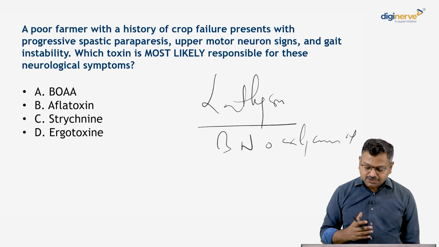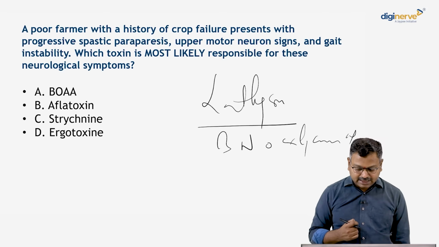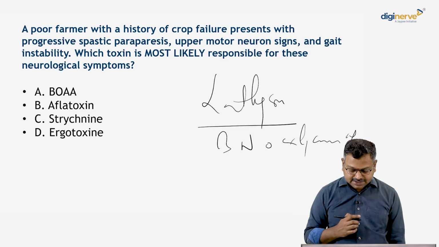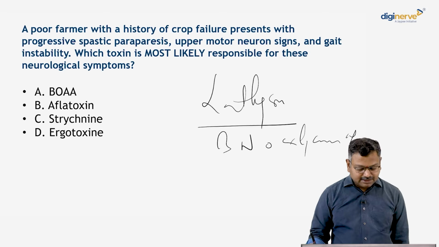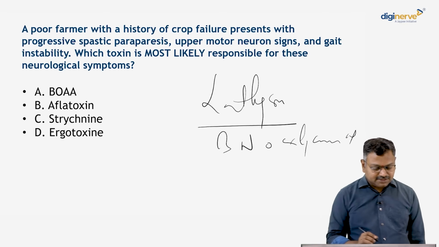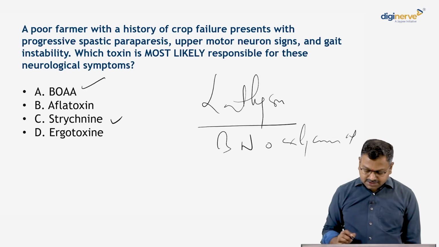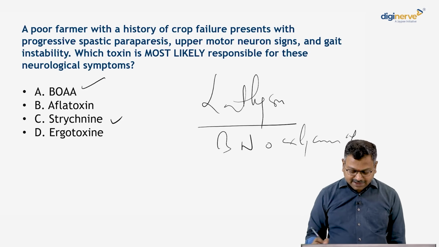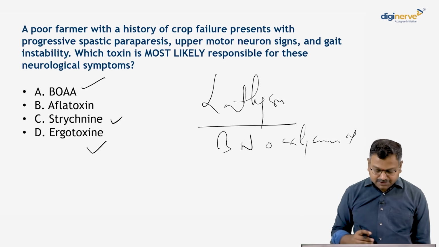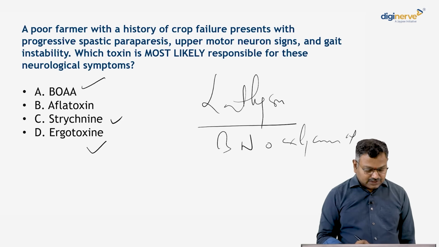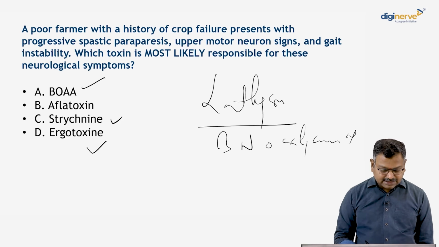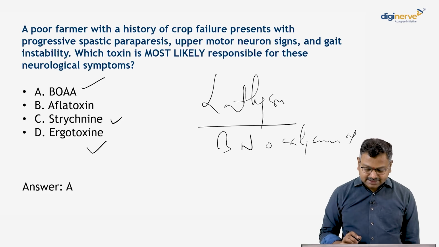Usually malnourished individuals depend on lathyrus due to the crop failure, and that produces this. The other toxin is aflatoxin. Strychnine produces neurotoxicity, spasticity, and ergot will produce vasospasm and gangrene. So the answer here classically is BOAA.